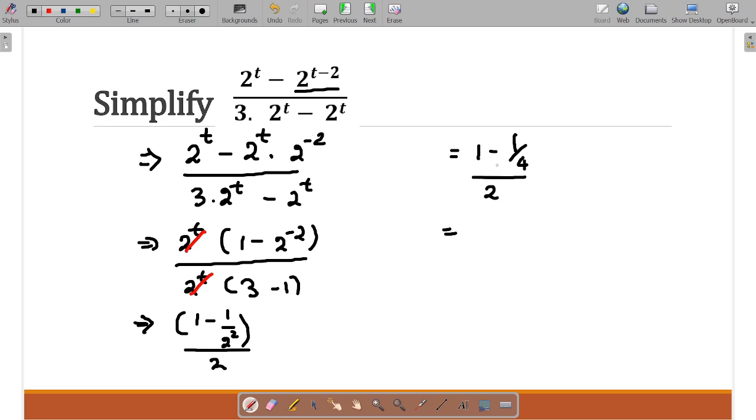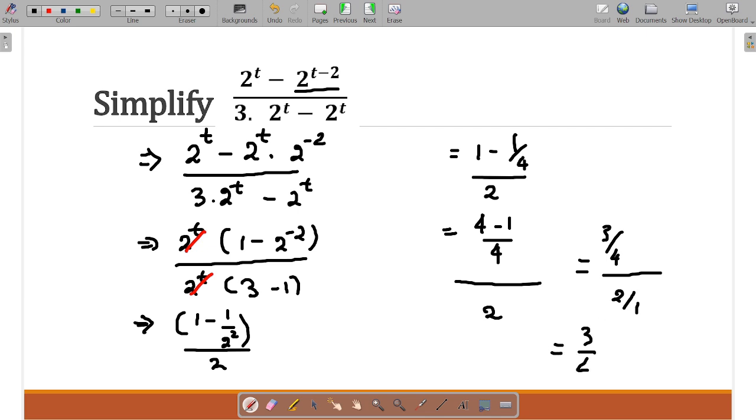We can do the sums like that, 4 minus 1 by 4, the whole bar by 2. Otherwise we can say 1 minus a quarter is 3 by 4, we know that, right? So the next step will be 3 by 4 by 2 by 1. We can go to the reciprocal, that is 3 by 4 into 1 by 2. So the answer will be 3 by 8.